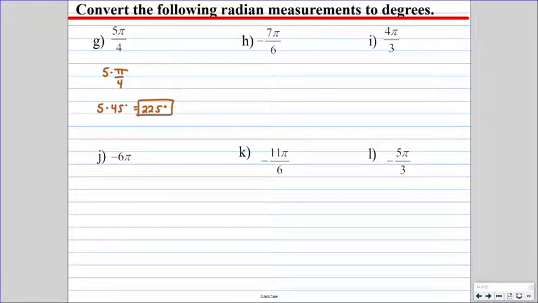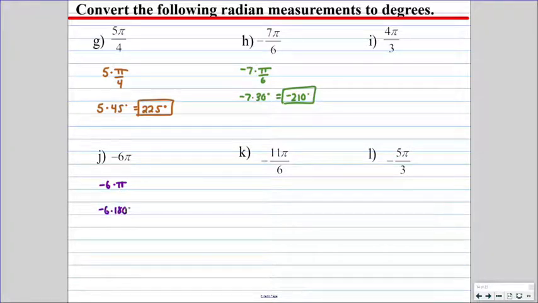All right, negative 7 pi over 6, well, that's just negative 7 times pi over 6. Well, pi over 6 we found was 30 degrees, so that's just negative 7 times 30, which is negative 210 degrees. I'll skip I, have you come back to that in just a minute. If I'm looking at negative 6 pi, well, that's just negative 6 times pi, but we know pi is 180 degrees.